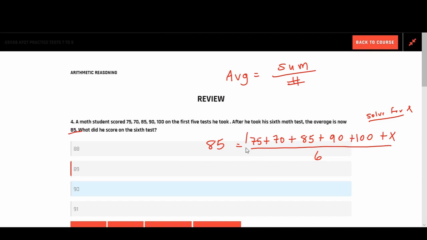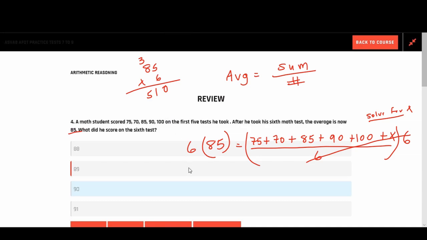The first thing I'm going to do is multiply both sides by 6 to get rid of the fraction. This crosses out, and I'm going to do 85 times 6 over here. 5 times 6 is 30. Carry the 3. 8 times 6 is, let's see, 48, 49, 50, 51.